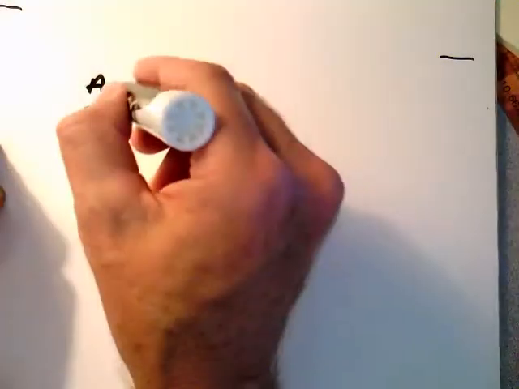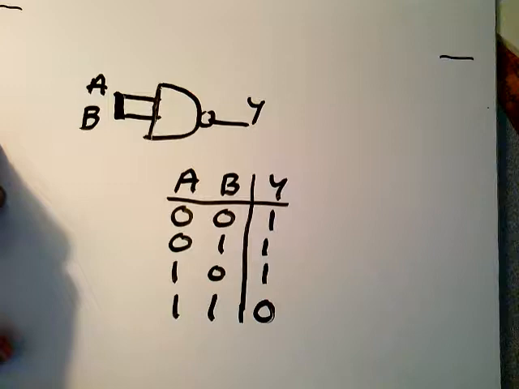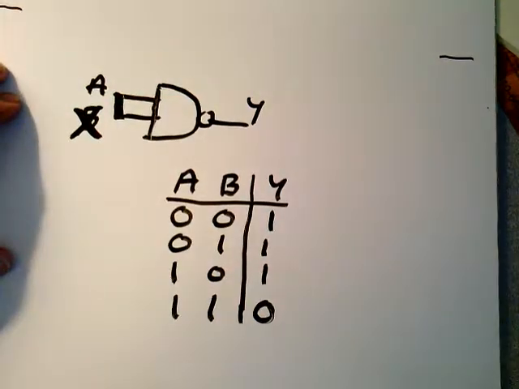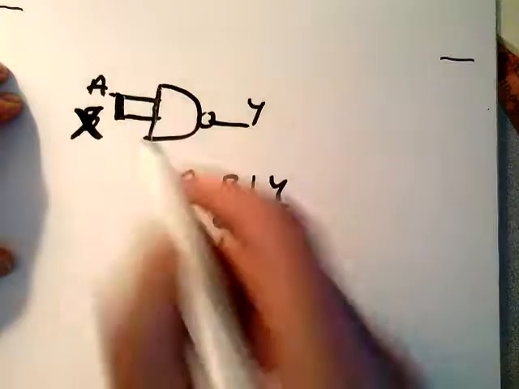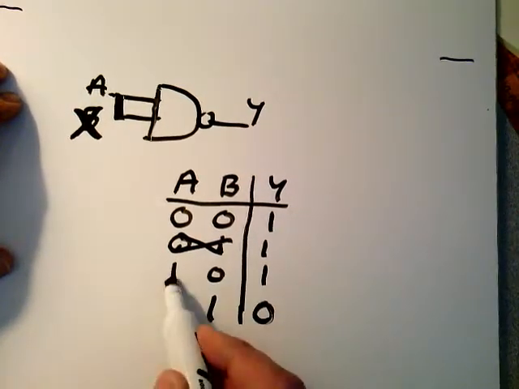Well, what happens if we tie these two inputs together and we just make it one input? Let's just call it A. Or just get rid of B now. We just have A. One input goes to both of those. As soon as we tie them together, we can't have this situation because A and B is different. And we can't have this situation.